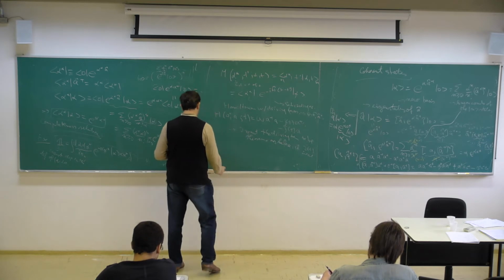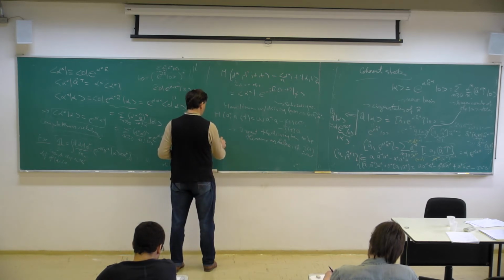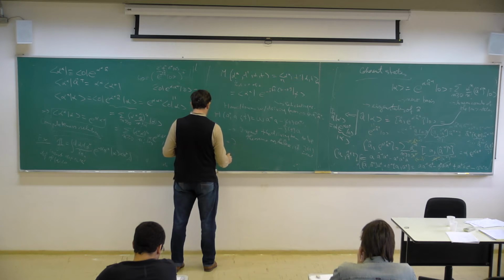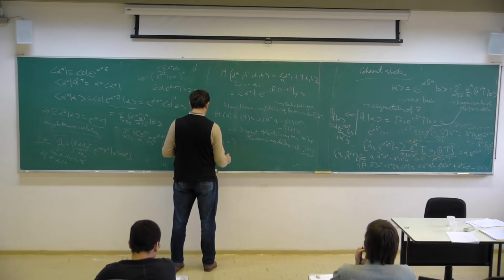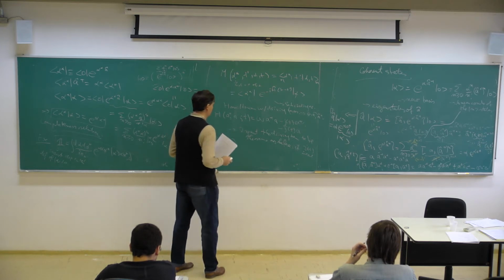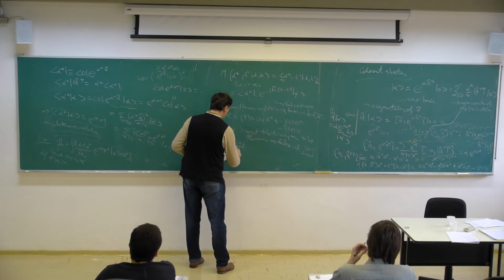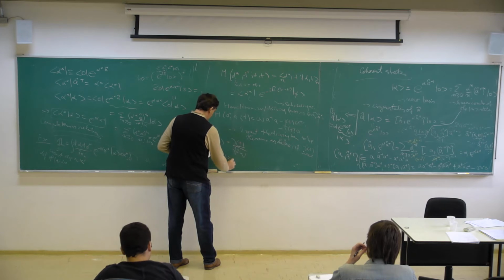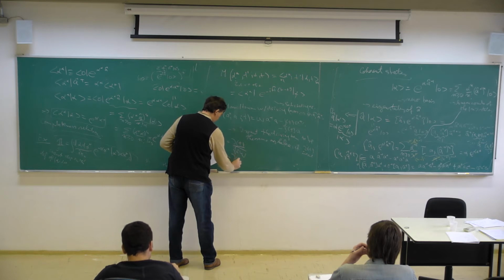So in order to do that, I define J of t as capital J of t over square root 2 omega, and the same thing for J bar.